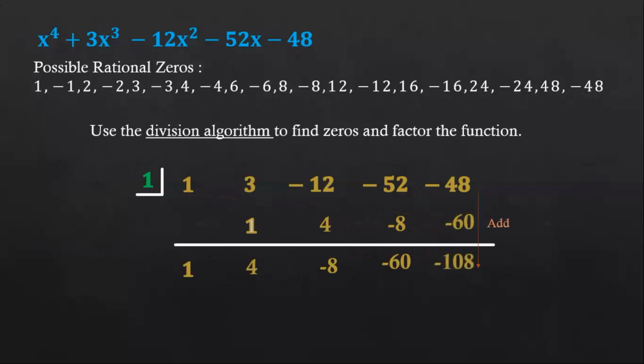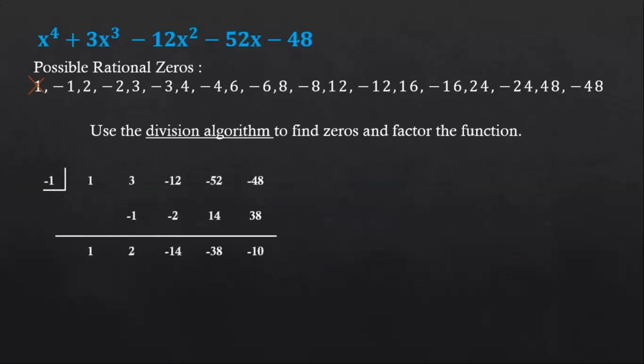I get a remainder of -108. This is not 0, meaning 1 is not a zero of our function, which means we have not found a linear factor. So I'm going to cross 1 off the list.